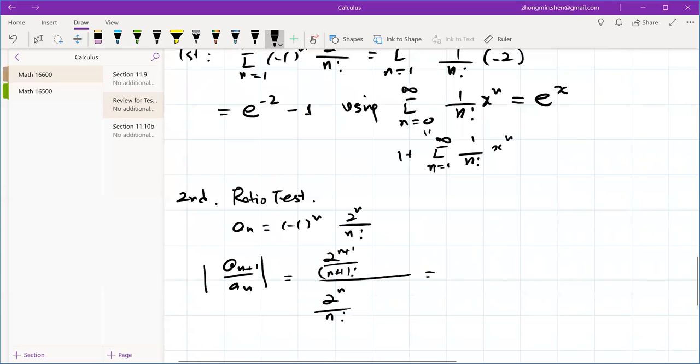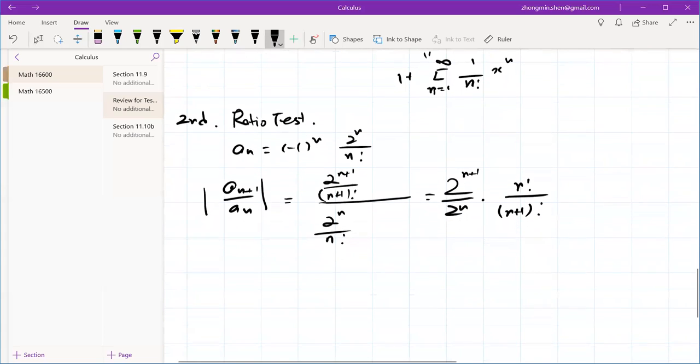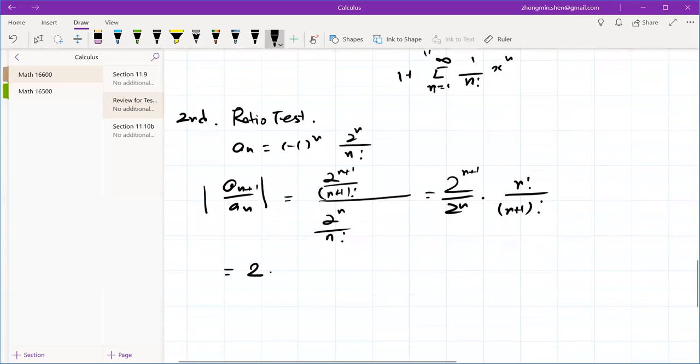So this will be 2 to the n plus 1 over 2 to the n, and this is n factorial over n plus 1 factorial. Then you continue to simplify in order to find the limit. It's just 2, and this is just 1 over 1 plus n. And clearly this goes to 0 as n approaches infinity.